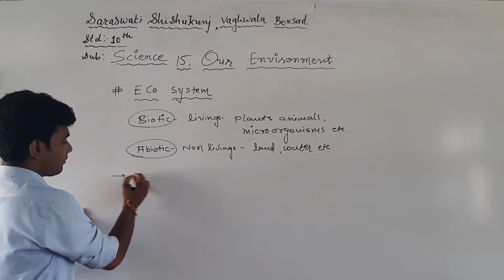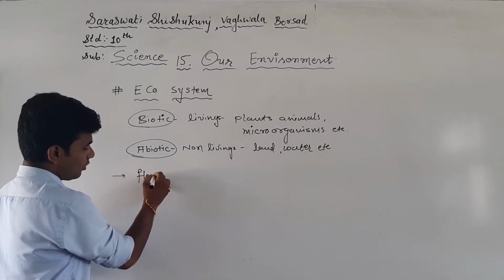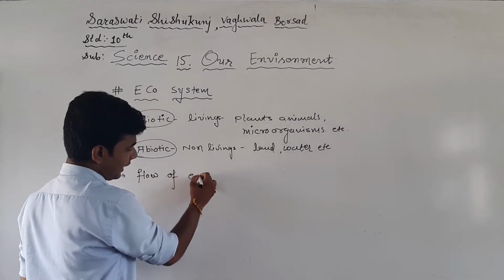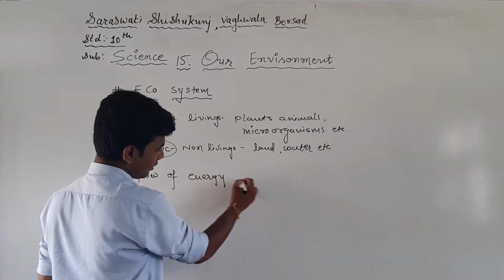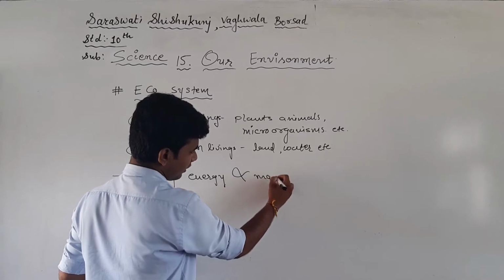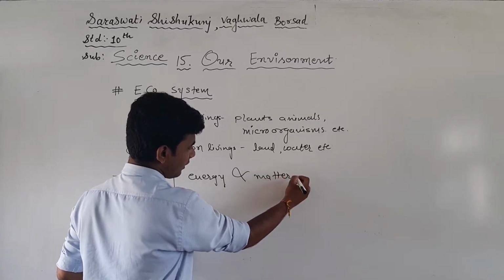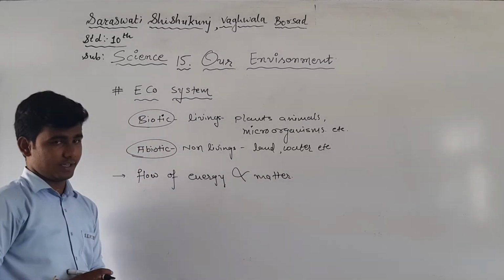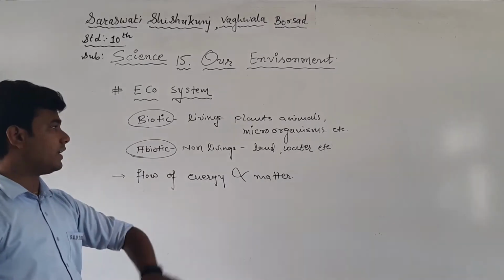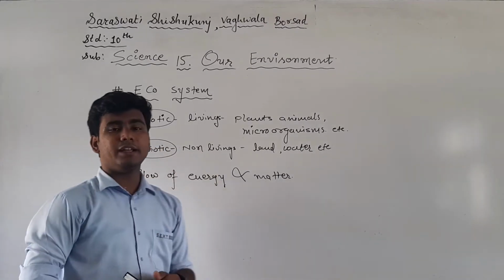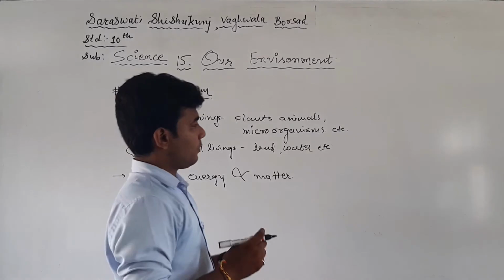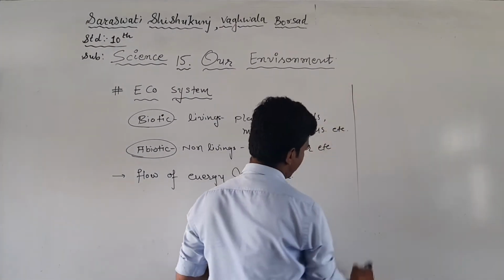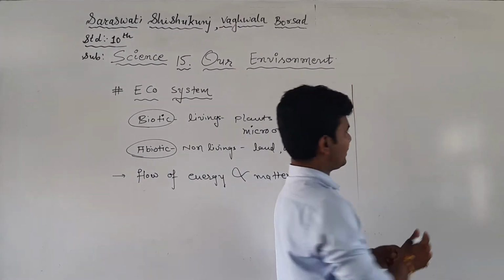In this ecosystem, the flow of energy and matter is there, right? So flow of energy and matter is done in the ecosystem. Now, if we try to understand the types of ecosystem, how many types of ecosystem we will have?